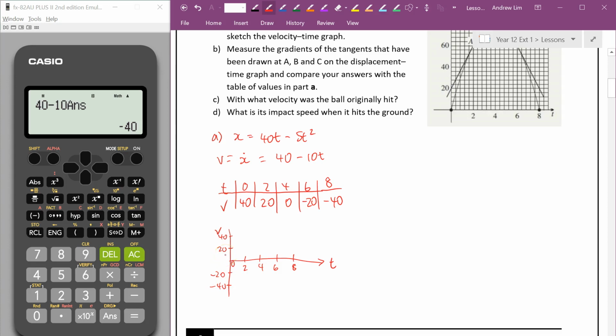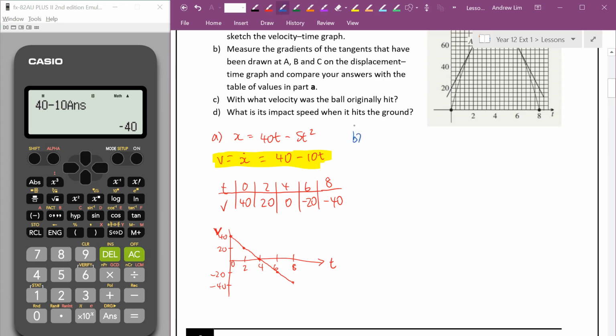We can see that this is a straight line, with a constant gradient of negative 10. It's not a quadratic. And that's my velocity time graph. Make sure you write the v here. That's really important.